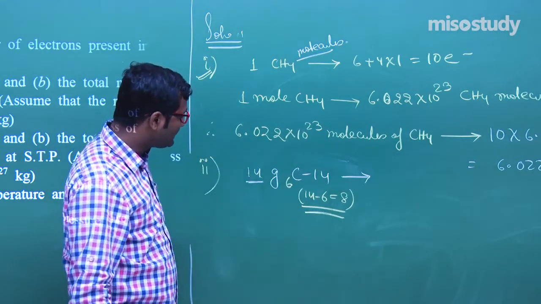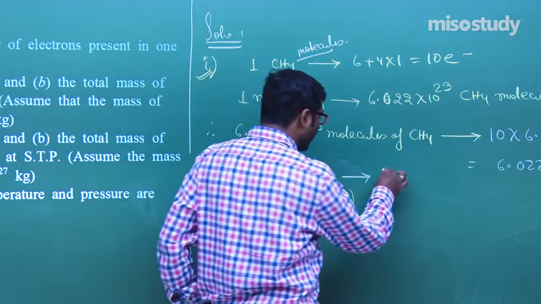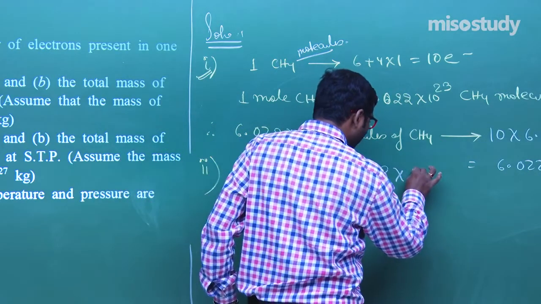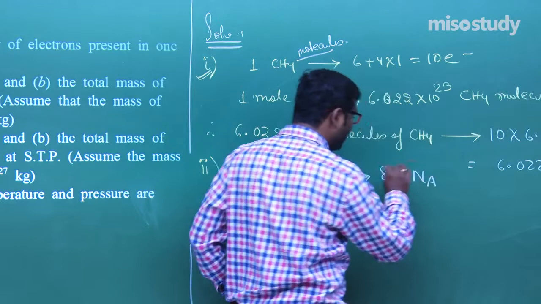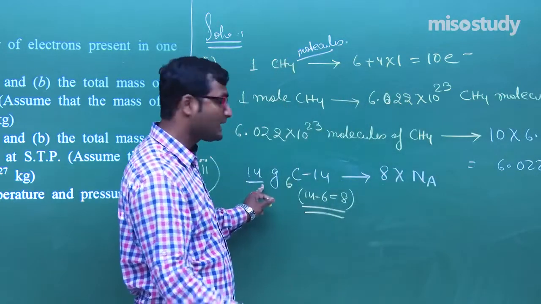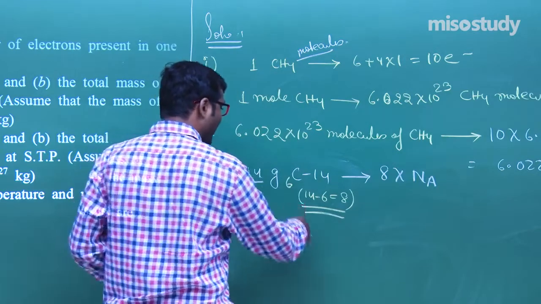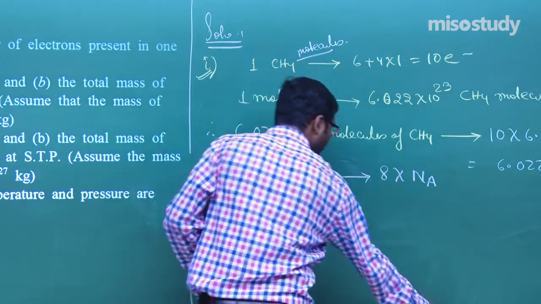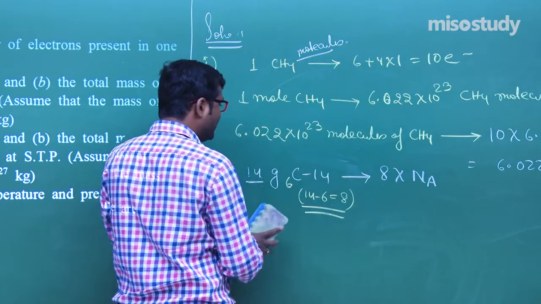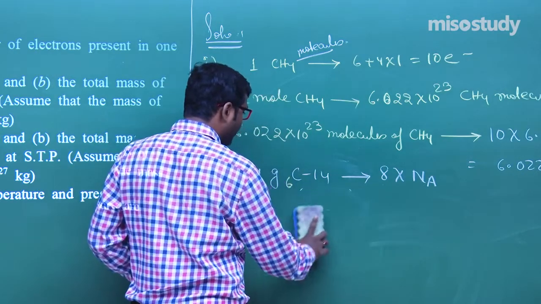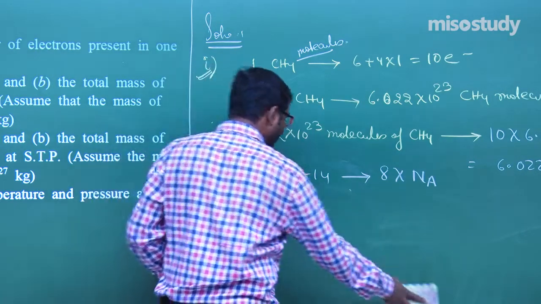So 14 gram C14 contains 8 into Na, that is the Avogadro number. Because 14 gram is equal to 1 mole, we have multiplied with the Avogadro number. And 8, why? Because 1 C14 contains 8 neutrons.